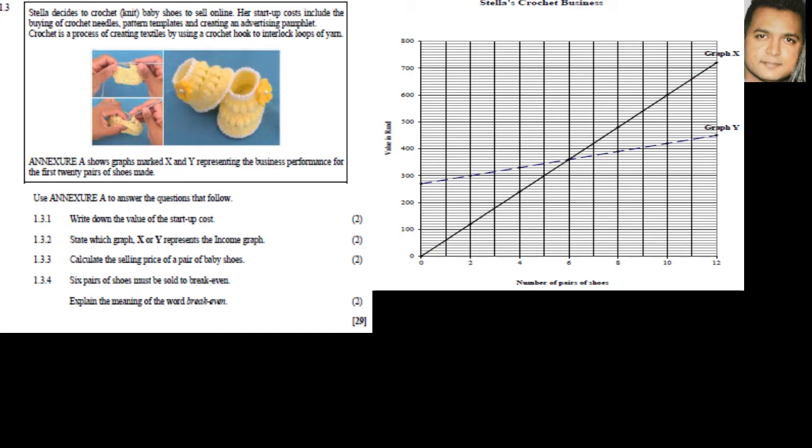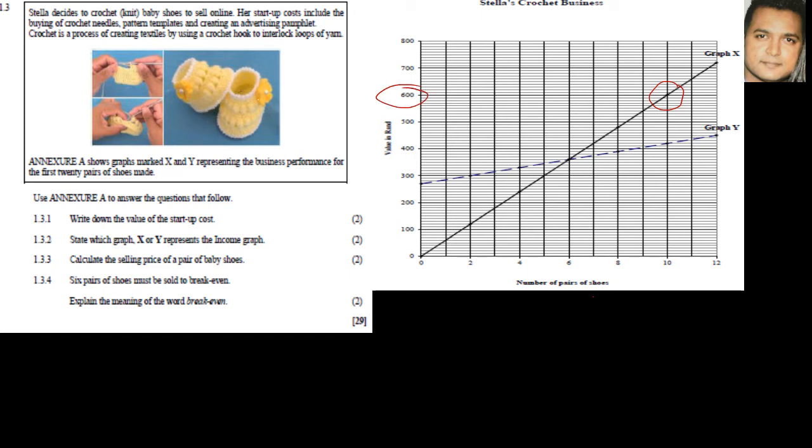Okay, 1.3.3, calculate the selling price of a pair of shoes. In order to find the selling price, we know the selling price affects the income. So let's look at the income line, which we've indicated as graph X, and let's look for a point that indicates to us a fairly even number. By this I mean, if you look at the 600 right over here, it's quite clear that it's on 600.